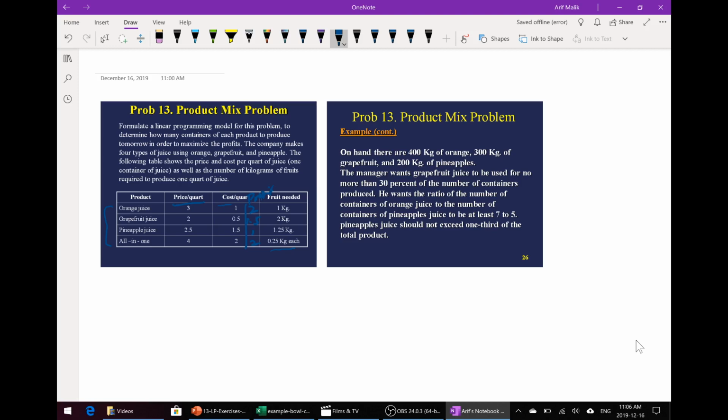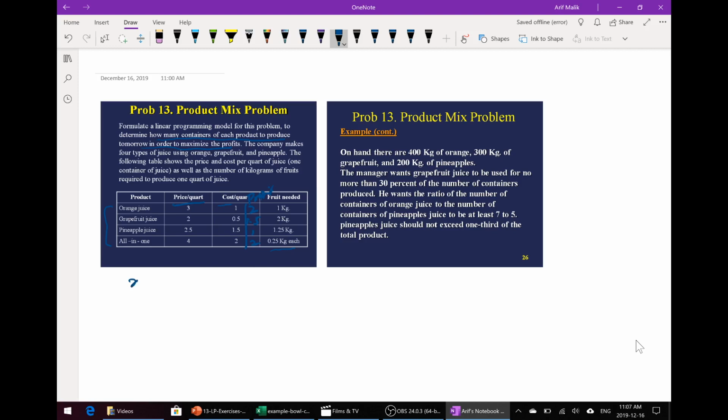So the idea is to formulate a linear programming model for this problem to determine how many containers of each product to produce tomorrow in order to maximize the profit. So we have to identify and define the decision variables, and then write down the objective function and the constraints.